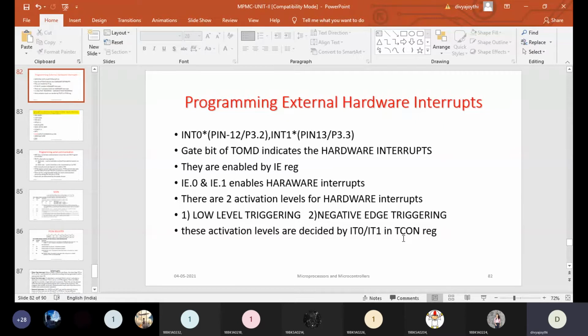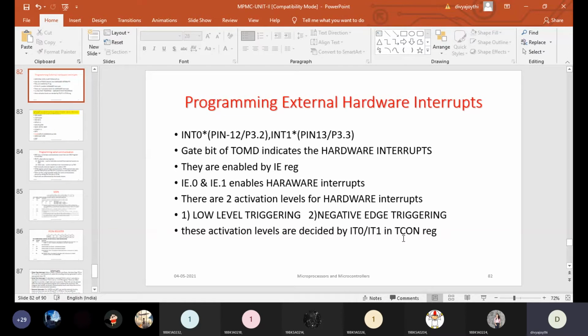Now if we move on to the hardware interrupts of the 8051 microcontroller, it has two hardware interrupts. Whenever I say hardware interrupts, irrespective of processor and controller, one thing that should come to your mind is that those interrupts need to be given externally. That means the pin diagram will have provision to connect external interrupting devices.